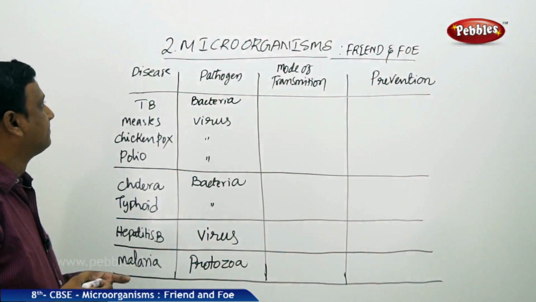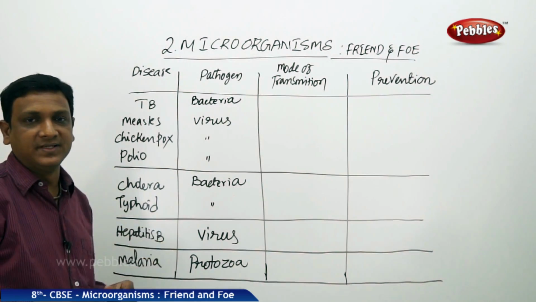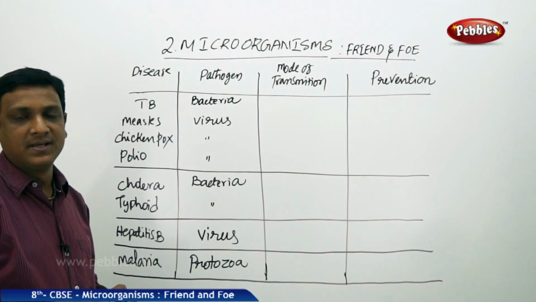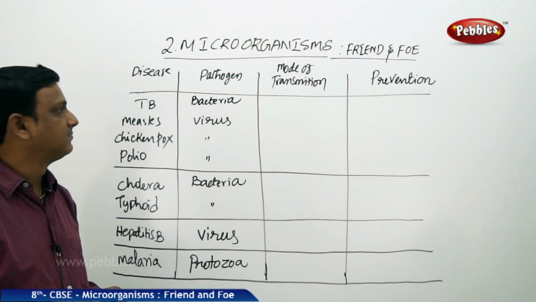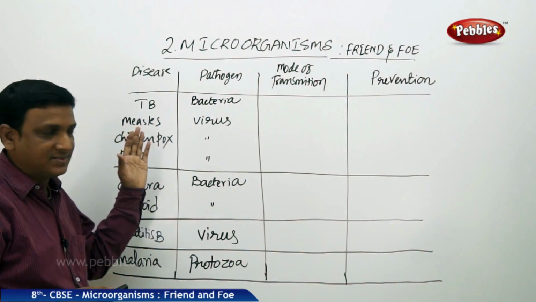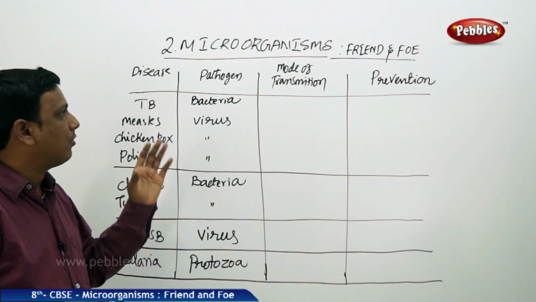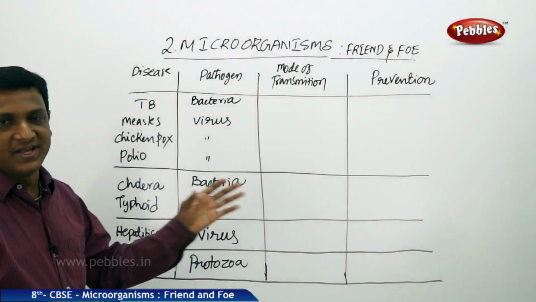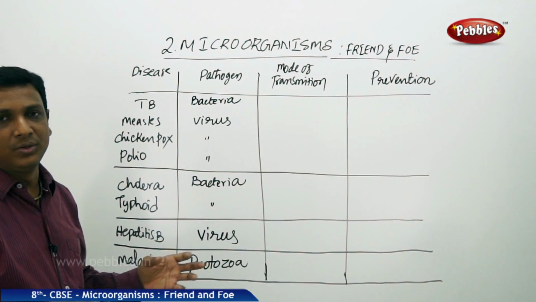Now let us see different kinds of diseases that are caused by microorganisms in humans. The disease and the disease causing pathogen, the mode of transmission, and prevention or control or cure of the disease.